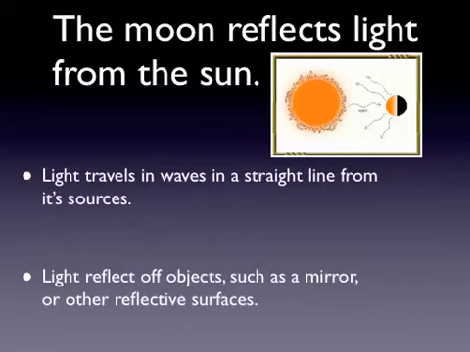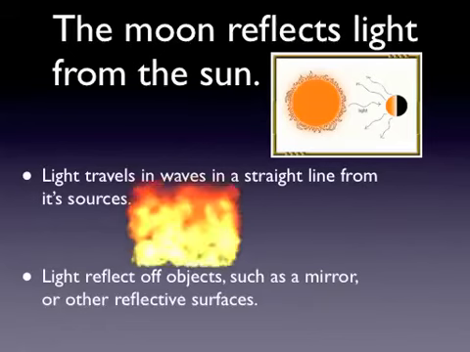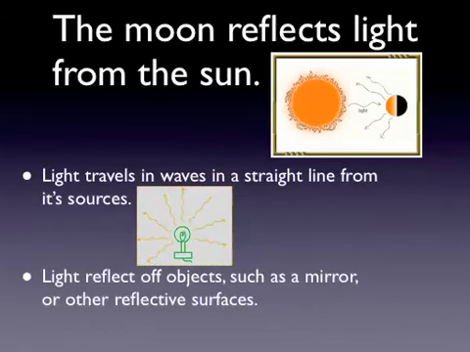Light must also reflect off objects such as a mirror or other reflective surfaces. So here are a couple of images. This first image has a lamp, and as you can see, the yellow squiggly lines are light traveling in waves in a straight line from its source.